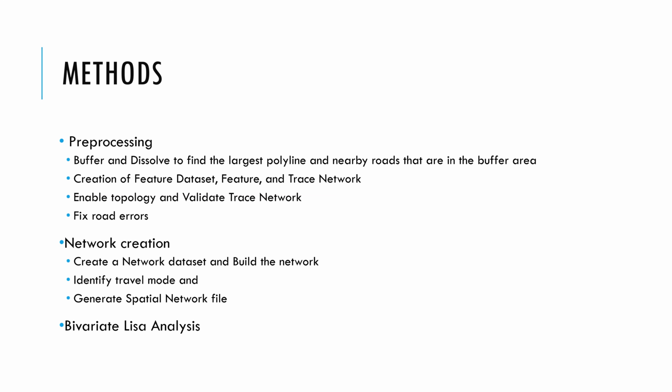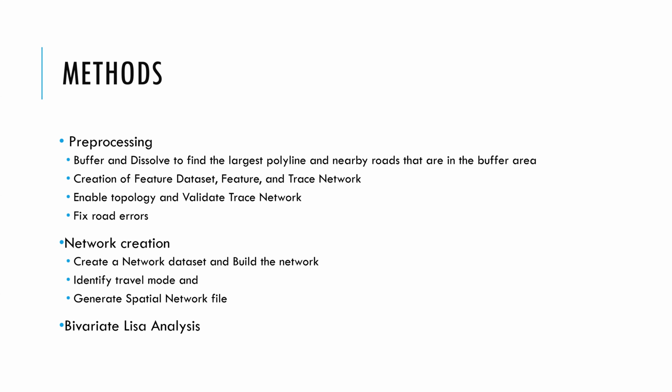Then, moving on to the network creation, I started by creating the network dataset in my feature dataset within the geodatabase. I was then able to build the network using the validated trace network.